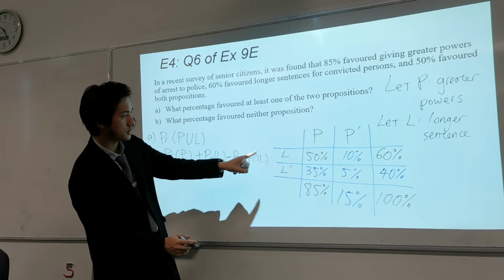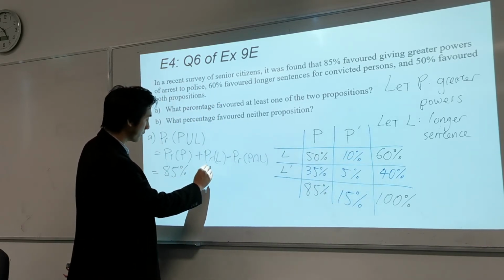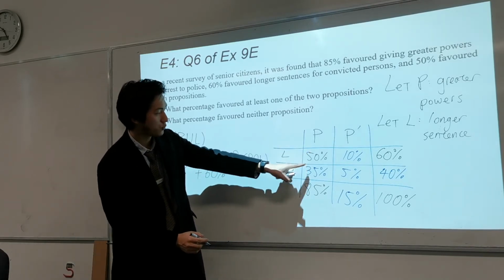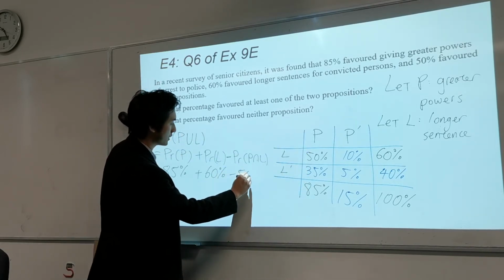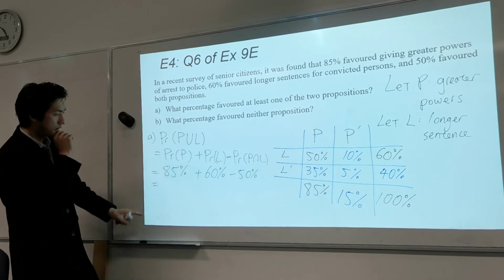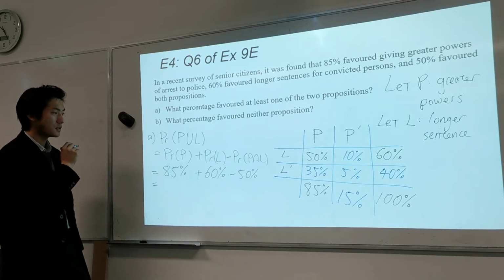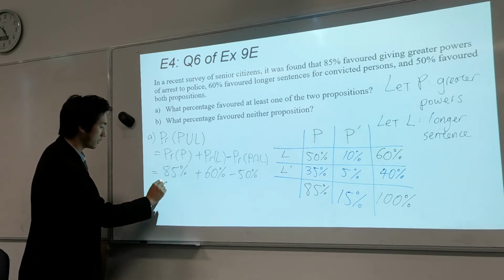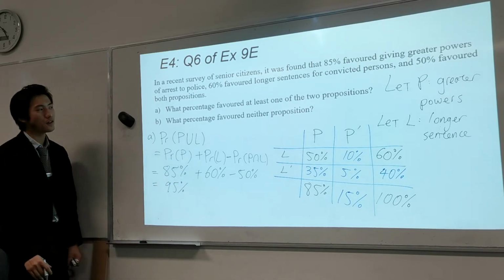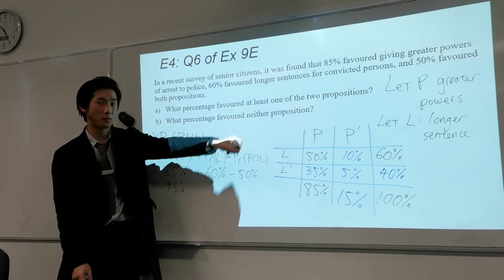L is 60%. In fact, both of them were given in the question. And the intersection was 50%. So we subtract that. And the answer to this would be 85 plus 60, that's 145. Take away 50, that would be 95%. So 95% of senior citizens favour at least one of the two propositions.